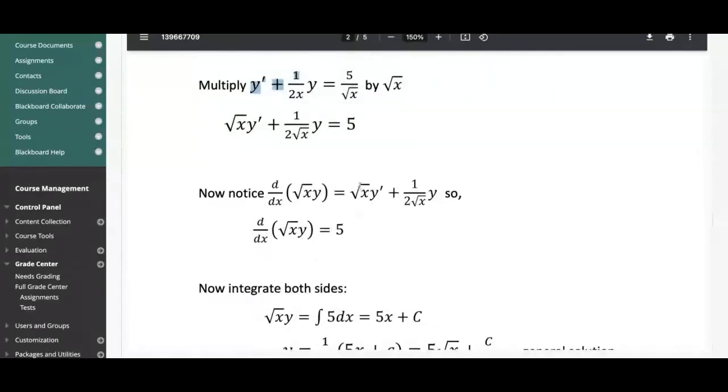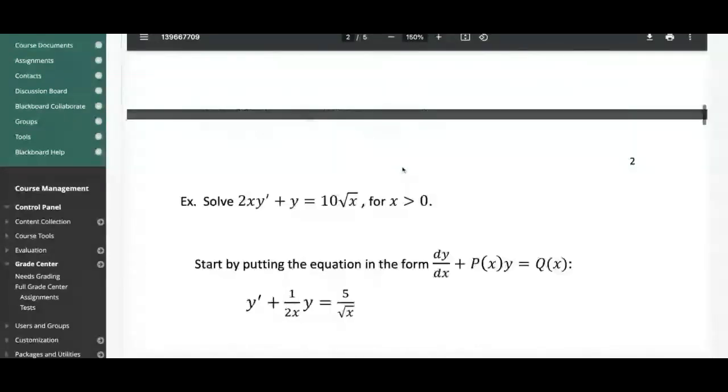Because the integrating factor will bring such a result, it makes these two terms on the left-hand side the differentiation of these two. That's why we multiply by the integrating factor.